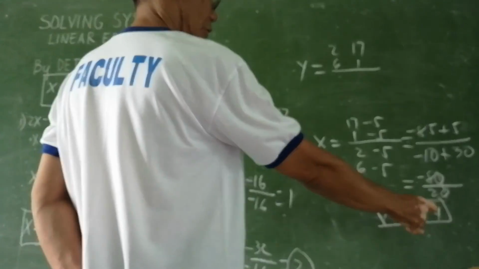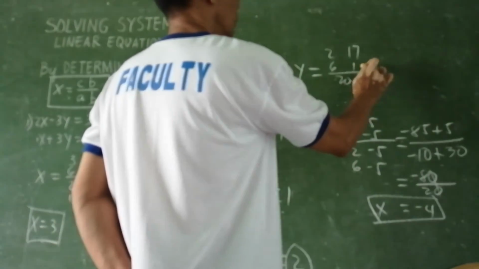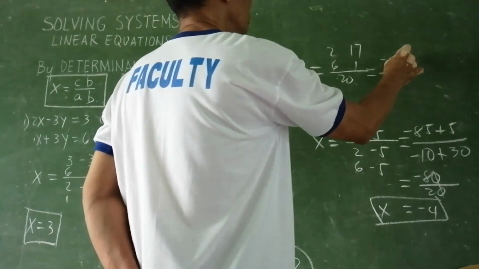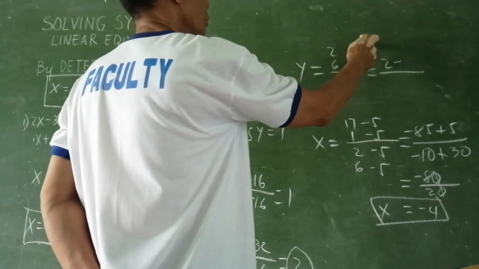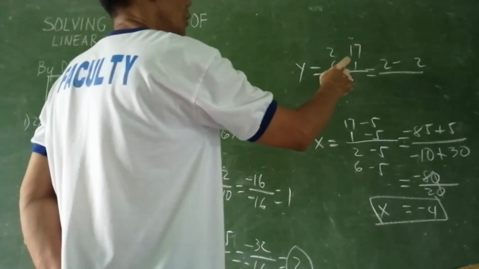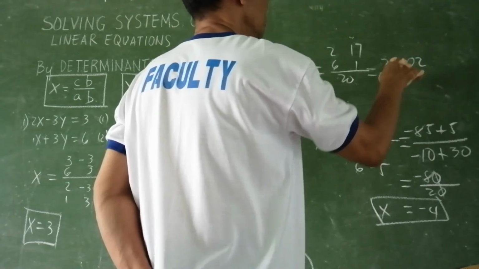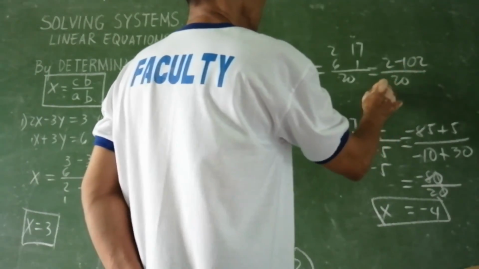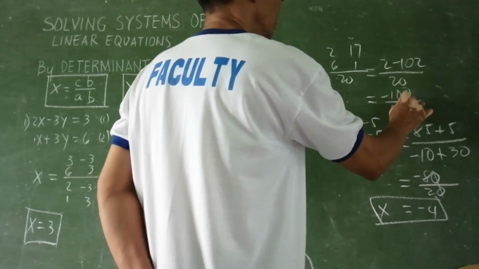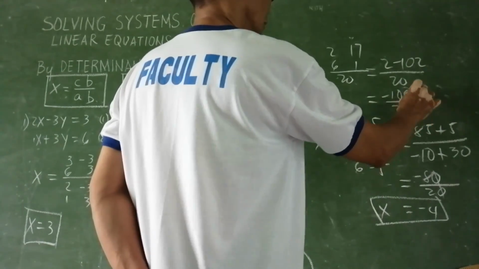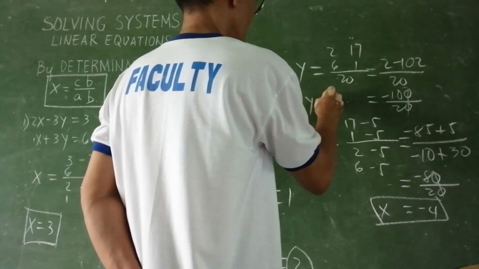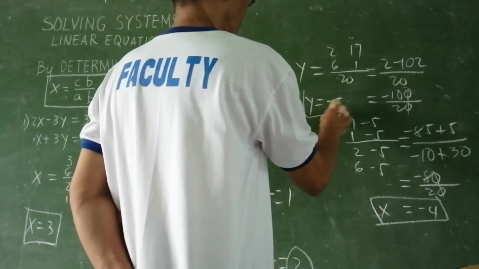Denominator is 20. 2 minus 6 times 7 is 42. 6 times 1, 102, 20. So that will be negative 100 over 20, and that is negative 5. So y equals negative 5.